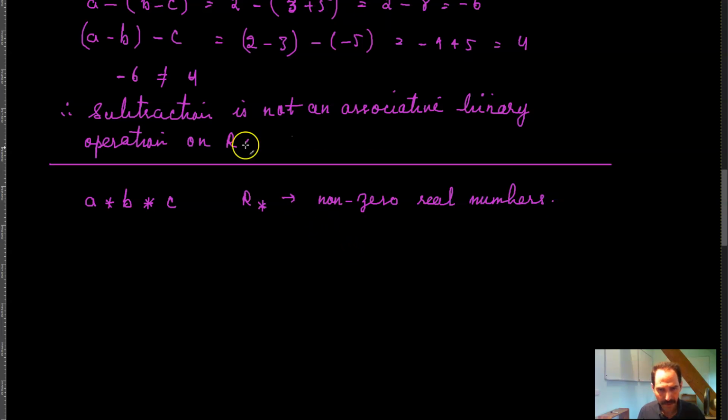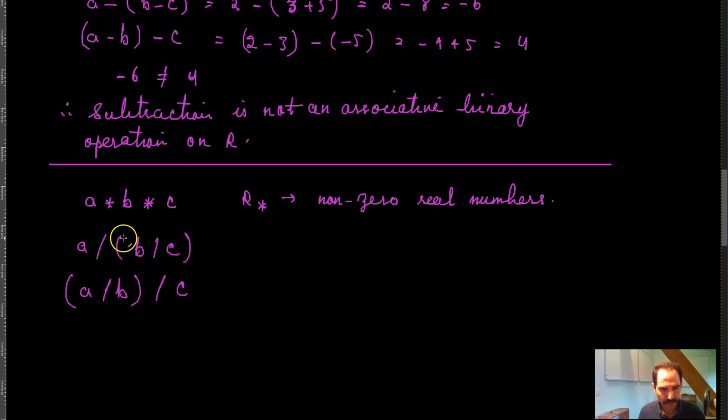Now, since we are talking about that set, 0 is not there, meaning that I can write this as A divided by B divided by C, or I can write it as A divided by B divided by C.